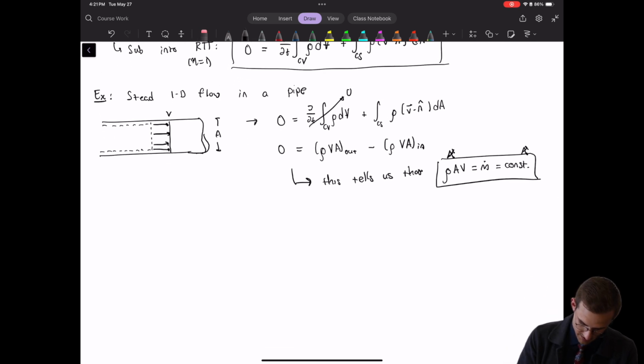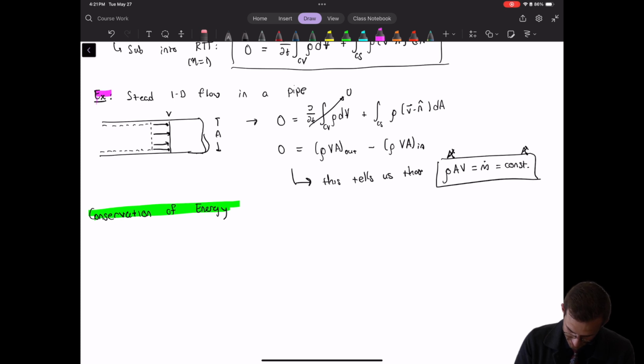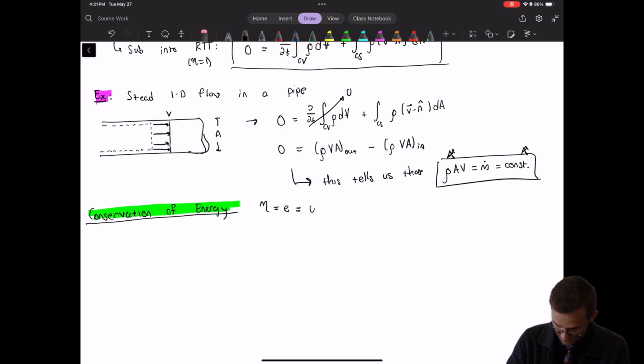All right, let's talk about conservation of energy. I usually also highlight the examples in pink there. So conservation of energy. In this case, eta becomes lowercase e, which we said before is like u plus v squared over 2 plus g z.